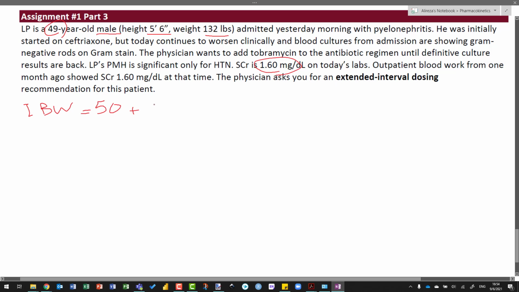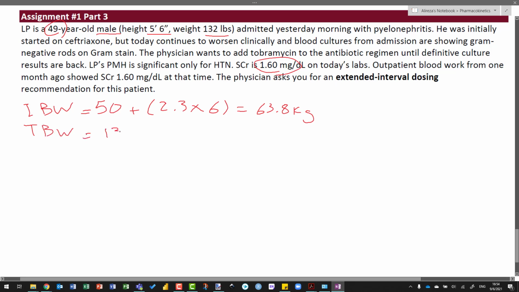So this is a male, so 50 plus 2.3 times 6. So this is 6 inches above 5 foot tall, which basically gives you 63.8 kilogram.